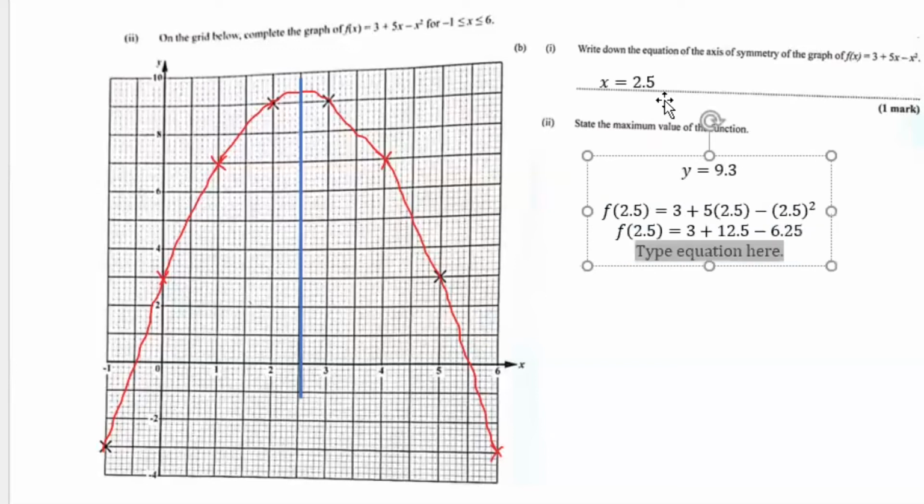When we put that in our calculator, 3 plus 12.5 is 15.5, minus 6.25 will give me 9.25, which we wrote to 1 decimal place and got 9.3. So I do deserve my 92% marks for drawing that graph, because we're there based on estimation. So we're writing y, which is the maximum value of the function, being 9.3.